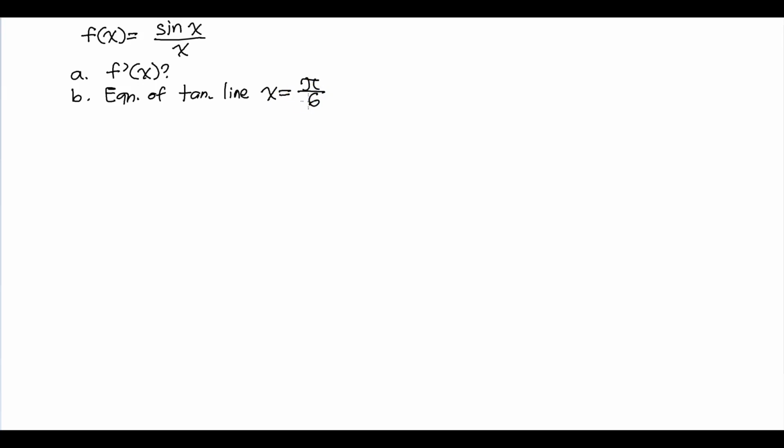Okay? So first, what I'm going to do is find the derivative of f of x equals sine of x over x. Okay? So this is just quotient rule application.